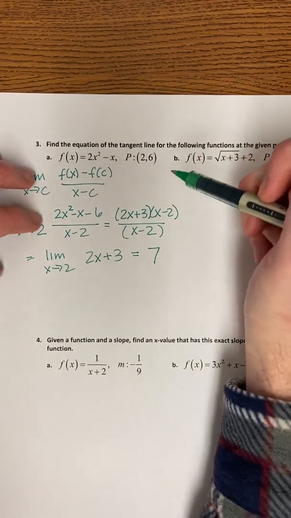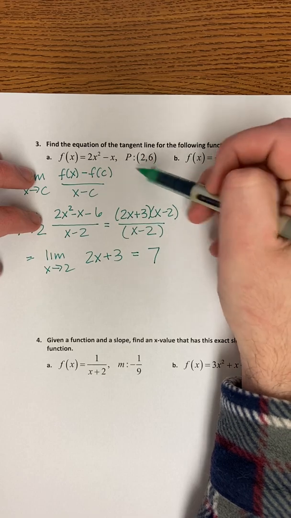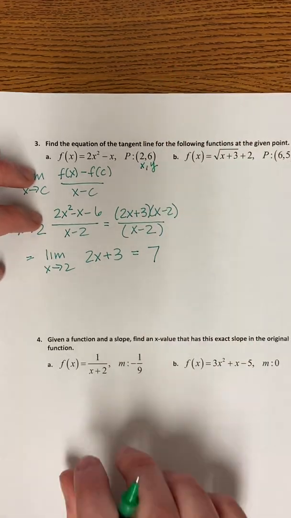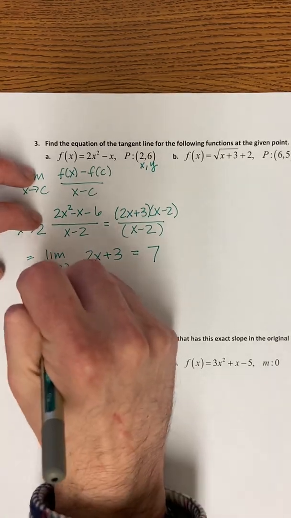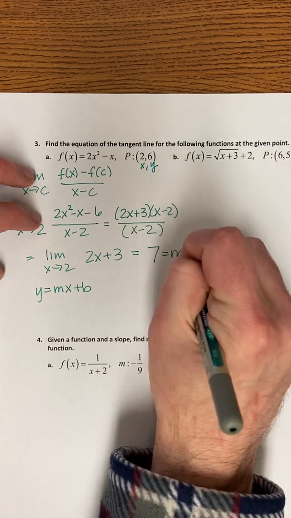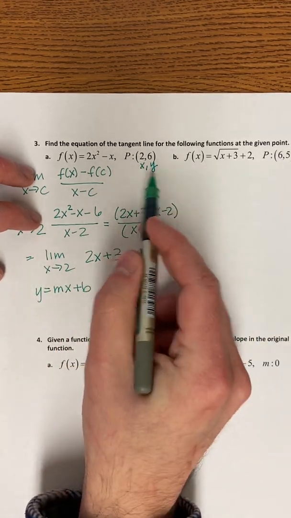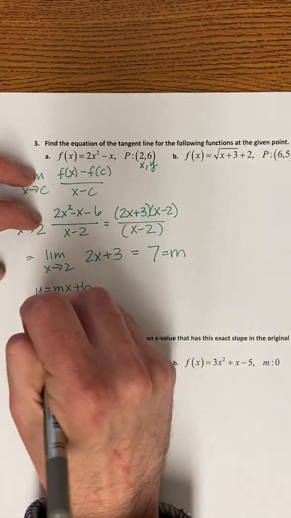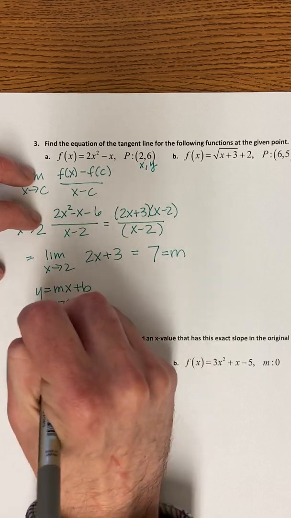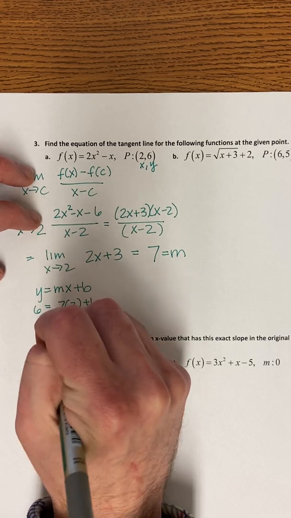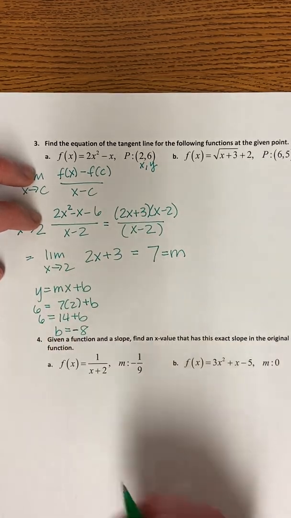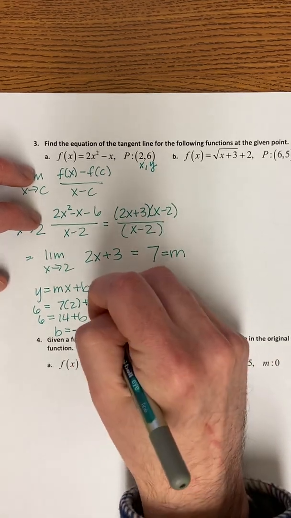So I'm trying to find the equation of a line with slope 7 and point x, y coordinates 2, 6. I can take my equation for a line, y equals mx plus b. This is m. We have x and y, so 6 equals 7 times 2 plus b, which means 6 equals 14 plus b, which if we subtract 14, that means b is negative 8, and I can return that to the equation.